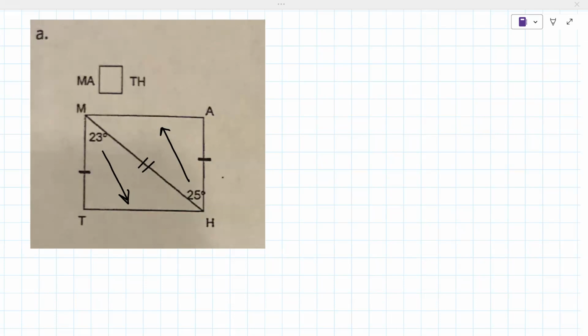Okay, MA is greater than 2H. Yes, that is correct. Right.